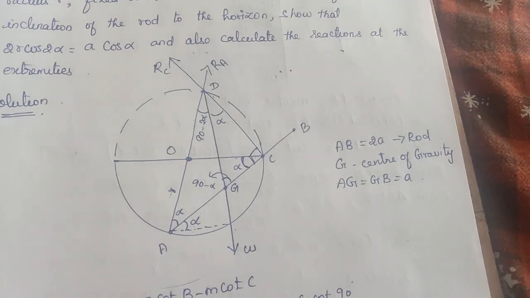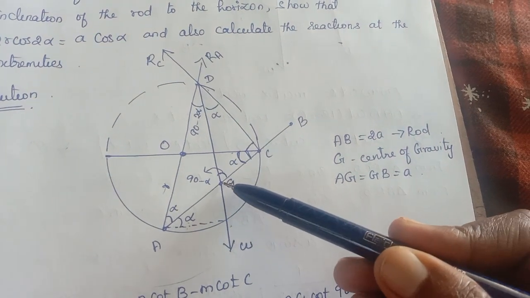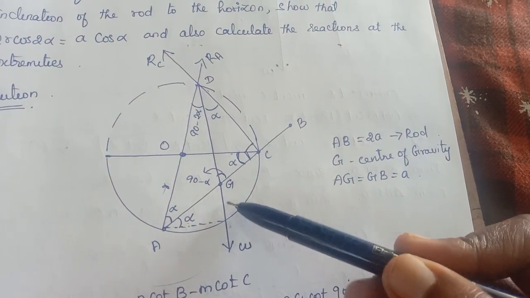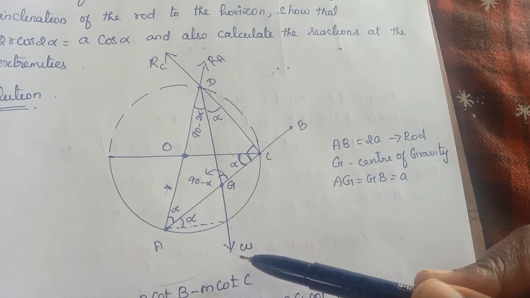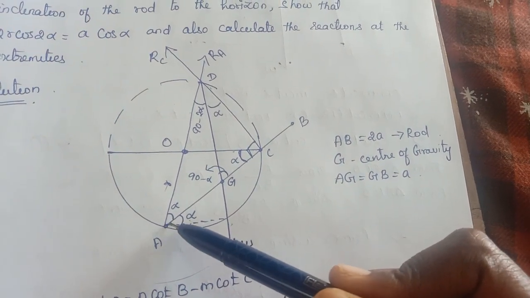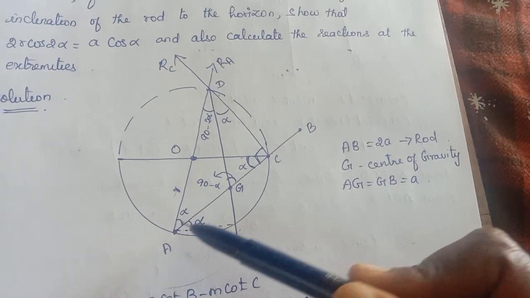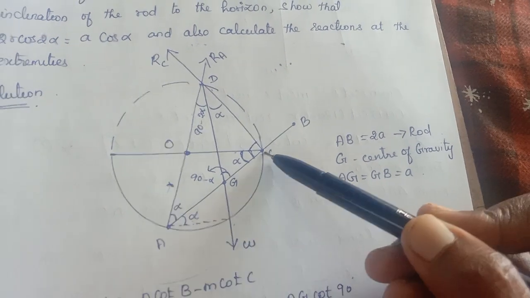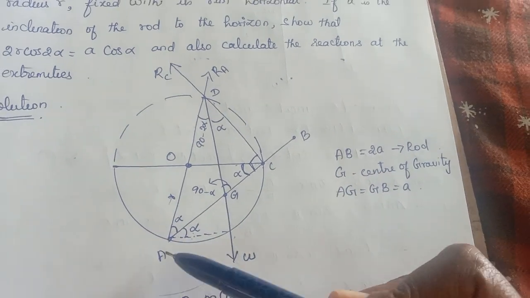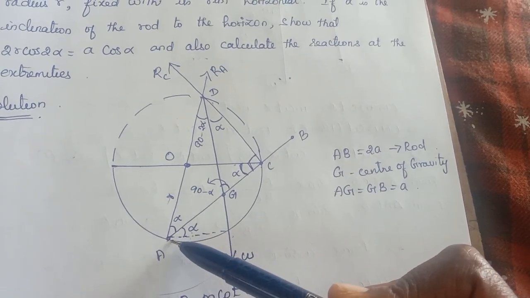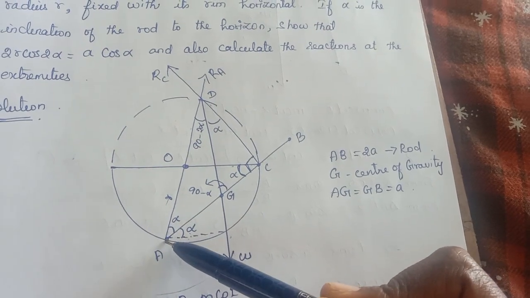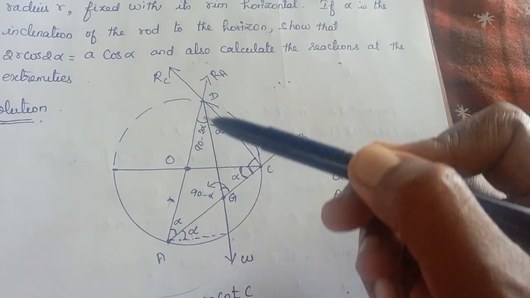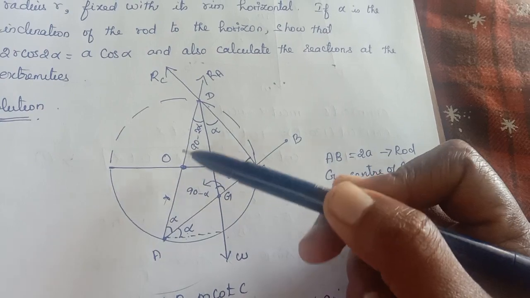Now let's see what are the forces acting here. The first force is weight W, which is acting vertically downwards. The other forces are the reactions. Here it is touching the bowl, so at this point and at this point you will be having reactions. Where will the reaction pass through? This is inside the circumference, so it will be along the radius, along the diameter.